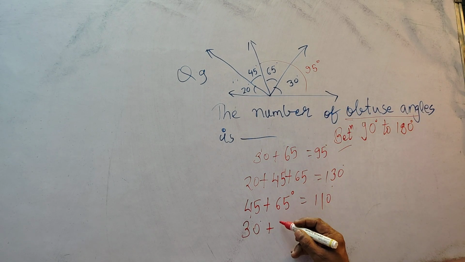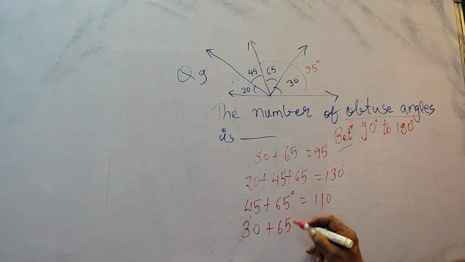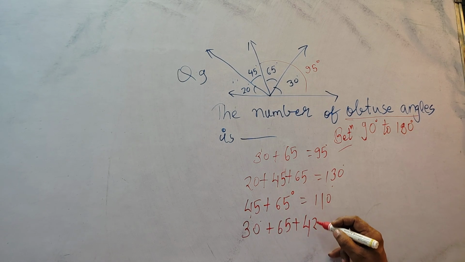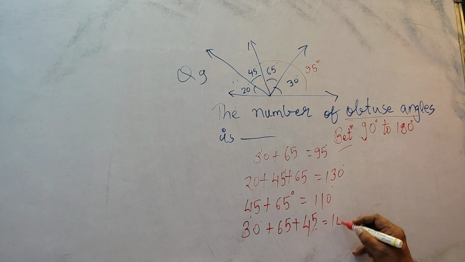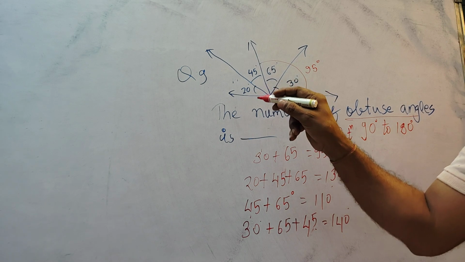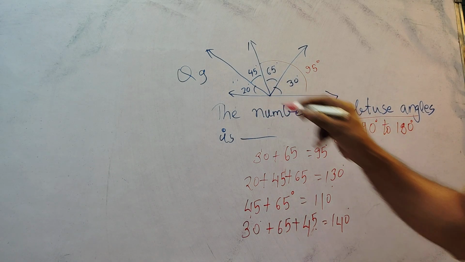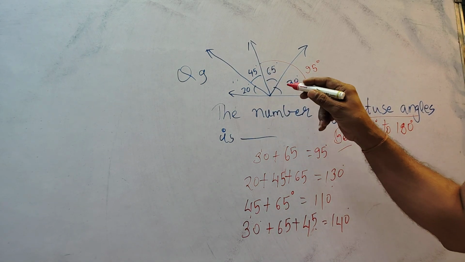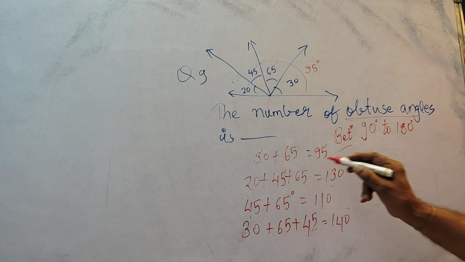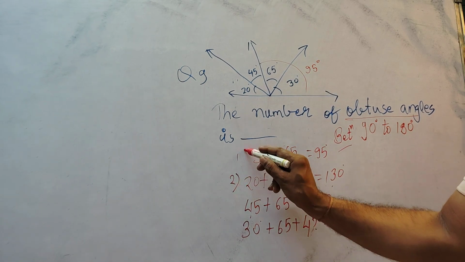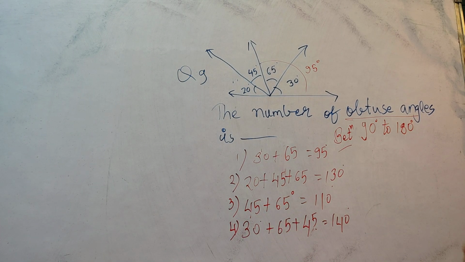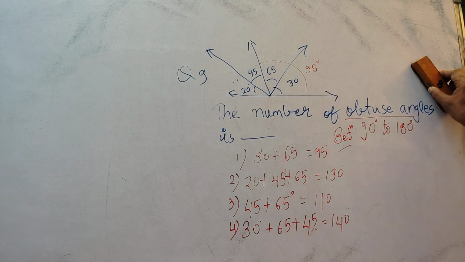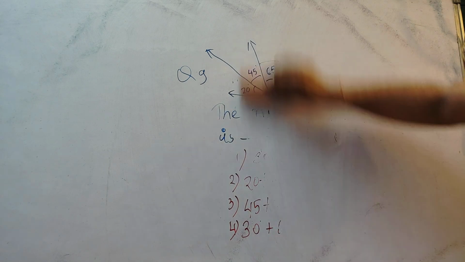There is no limit given, only taking two angles at a time is not stated. So we have taken all the obtuse angles. So four is the possibility. Four obtuse angles we obtained from this figure. That's why it was not correct. Now I think you understood it.